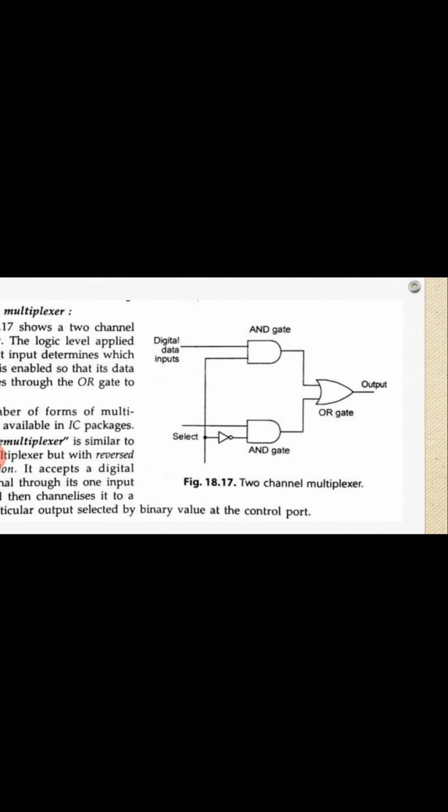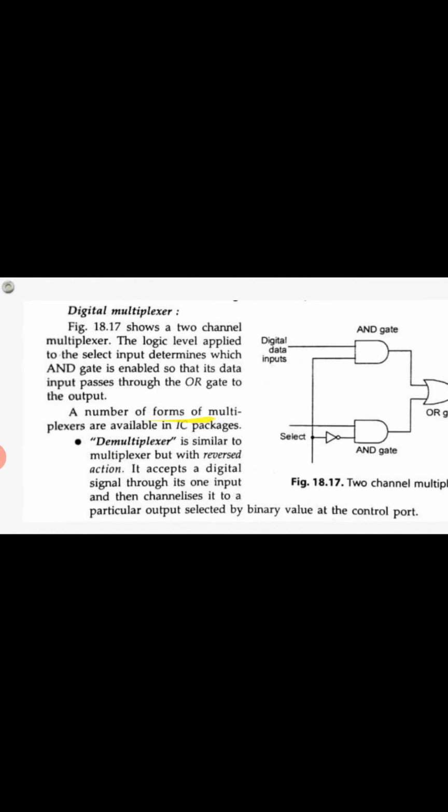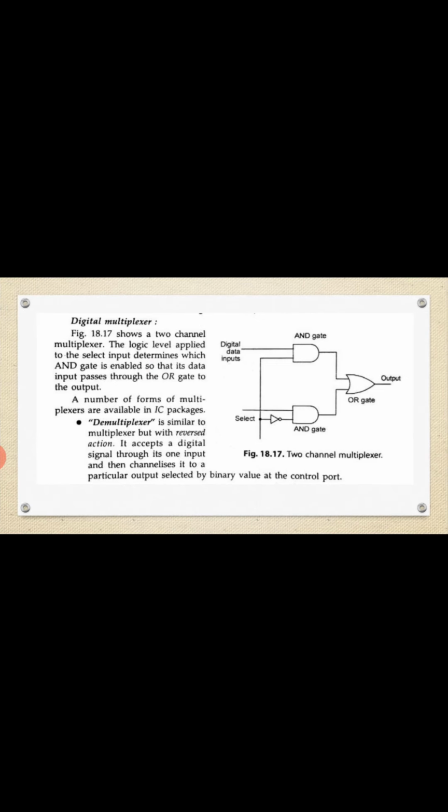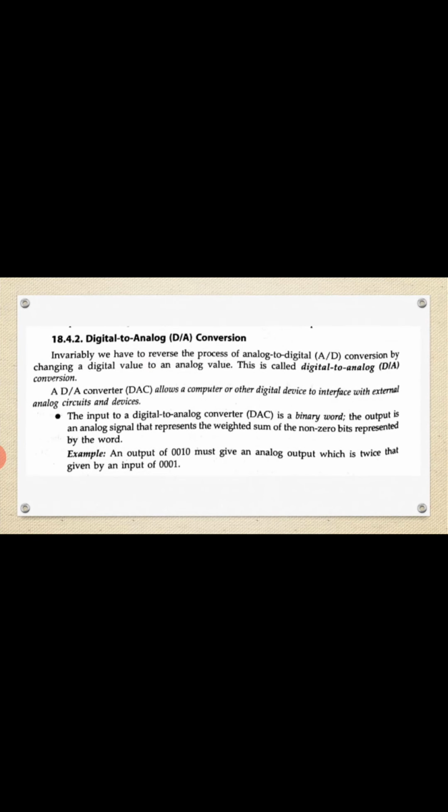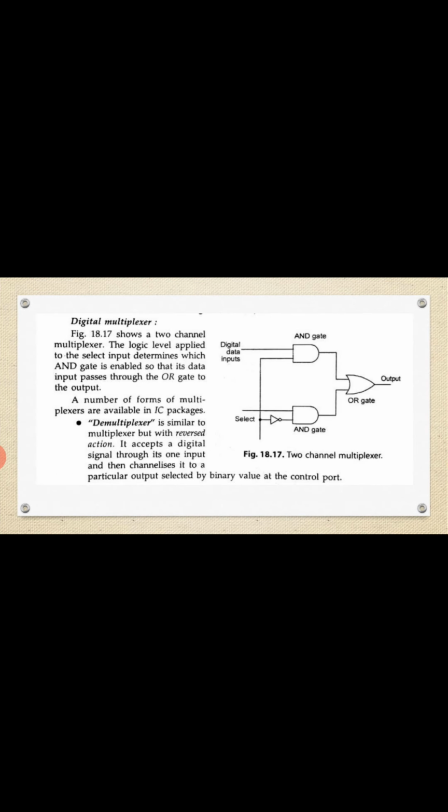So the upper AND gate gives 1 and the lower one gives 0. The inputs to the OR gate are 1 from the upper gate and 0 from the lower gate. An OR gate is one where if any one input is high, the output is high, so we get the output high. Like that you have to analyze. This is the information related to the digital multiplexer.